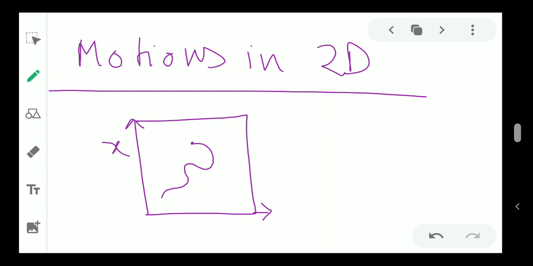One is x, one is y, and we say that to find the ant we have to go, let's say, 5 centimeter along y and then 7 centimeter along x. So I will say the position of the ant is x comma y, or in this case 7 comma 5.